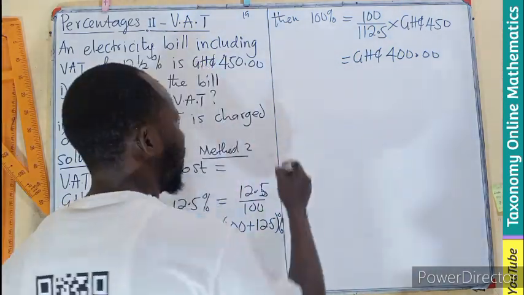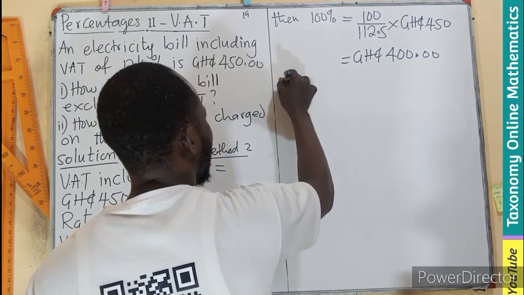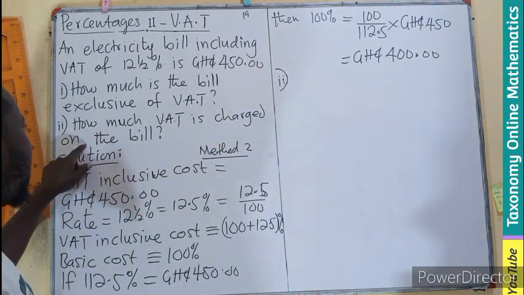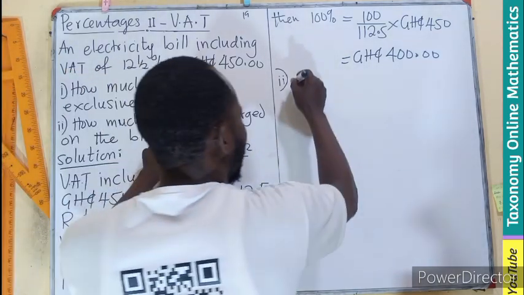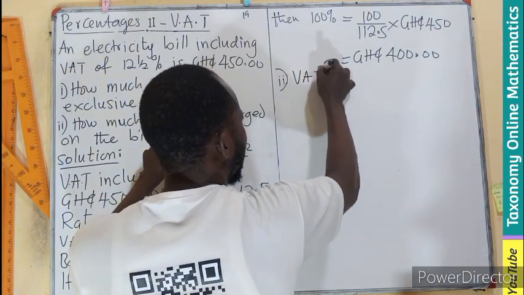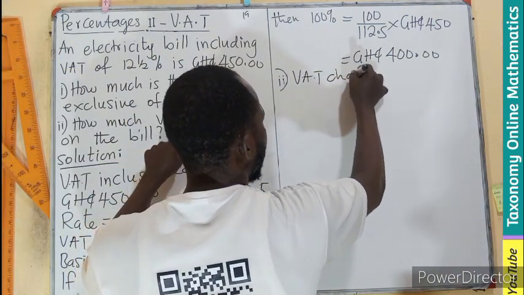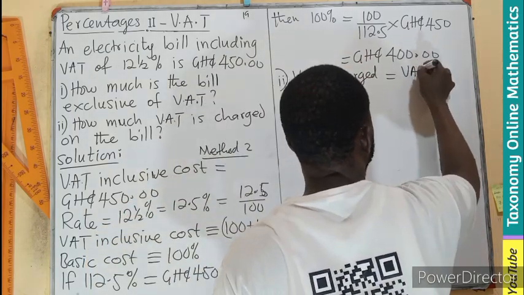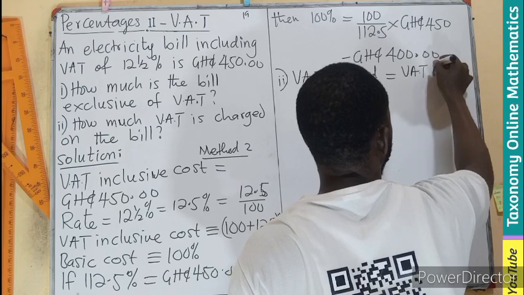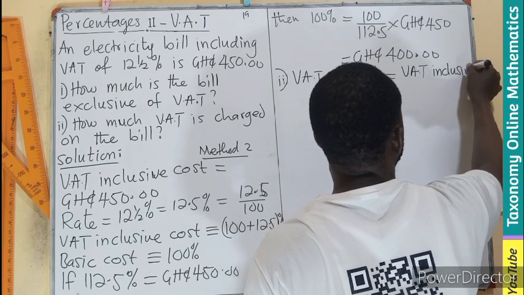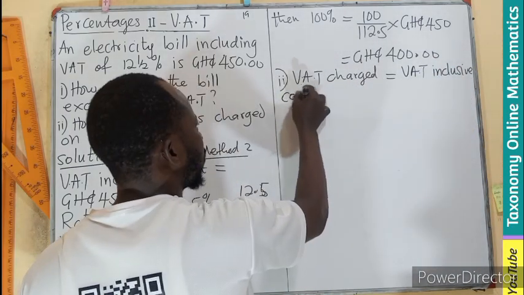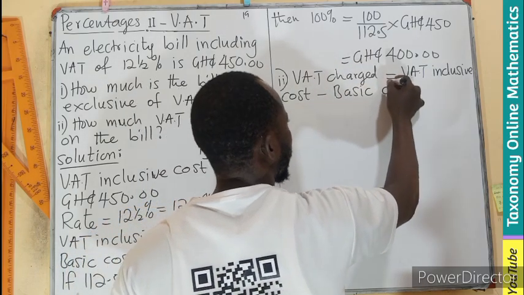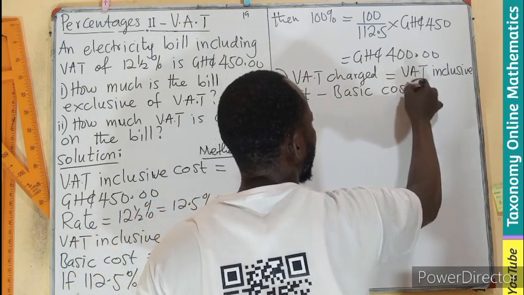All right. So if that is the case, we can now find the Roman number 2, which is looking for the VAT charge. So we can say that the VAT charge is just equal to the VAT inclusive cost minus the basic cost, right?